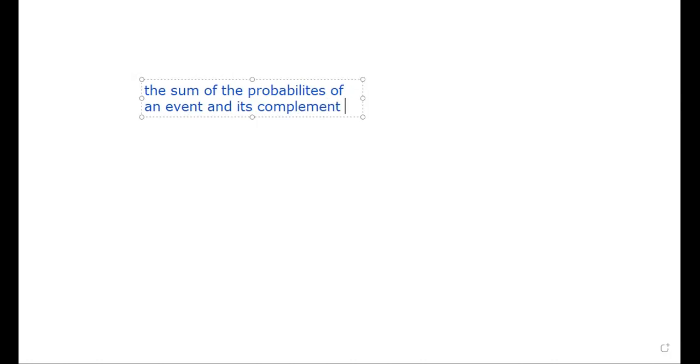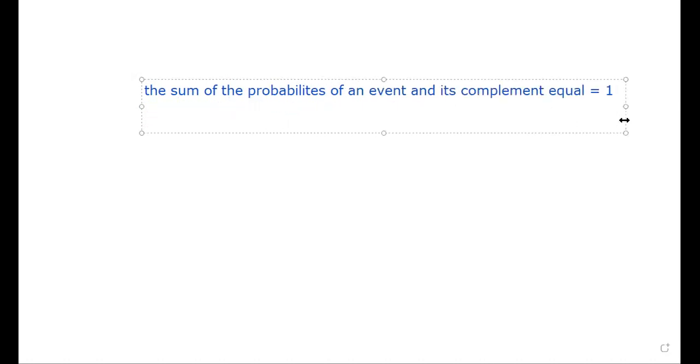The sum of any event and its complement equal how many? Equal 1. The sum of any event and its complement equals 1.